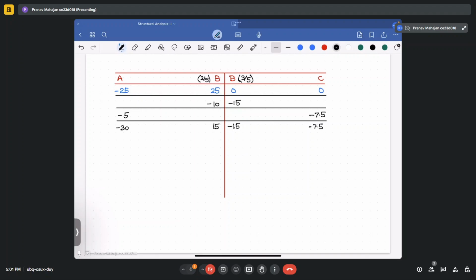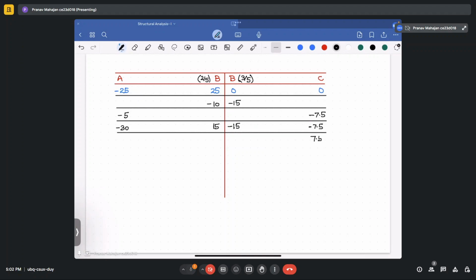Okay. Now since the central part is now balanced, but you have an unbalanced moment of 7.5 at support C, because that C is hinged. So that should be 0. So what you will do, you will add 0.75 in this to make it balance.